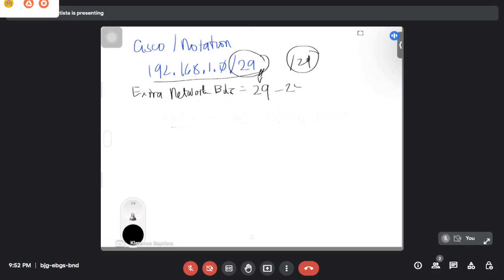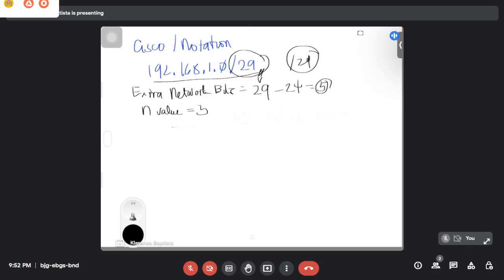Okay, lagi niya i-minus sa 24 kapag tawag dito, naka-default value tayo. So the extra network bits would be 5. Okay? So yung n value po natin ngayon will be equal to the answer. So n value natin would be 5 in this example.